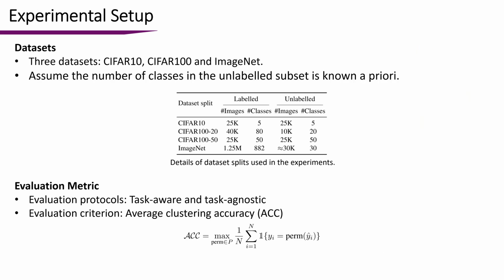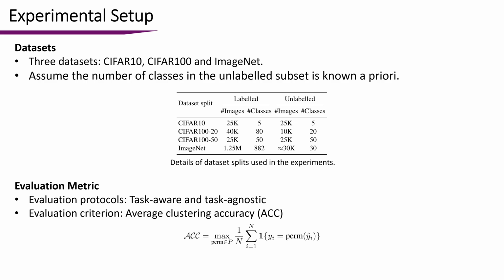We conduct our experiments on 3 benchmark datasets and partition them into 4 different dataset splits according to the number of classes contained in the labeled and unlabeled subsets. Following the literature, we use the average clustering accuracy to evaluate the performance, and we report the results under both task-aware and task-agnostic evaluation protocols.